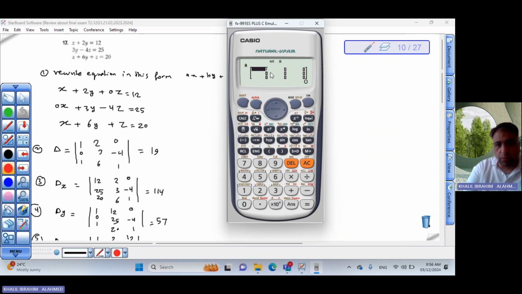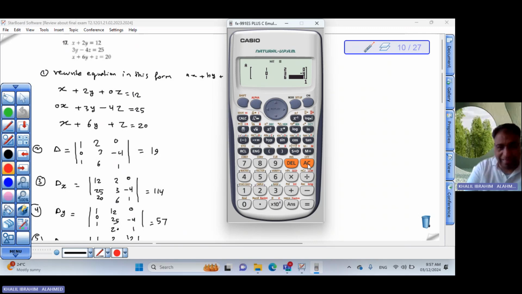Then we can insert all the elements row by row, not column by column, row by row, like this: 1 equals 2 equals 0 equals, also 0, 3, negative 4, 1, 6, 1.